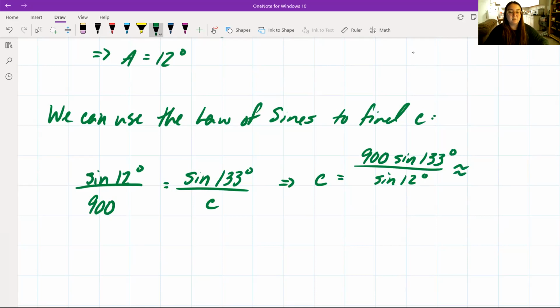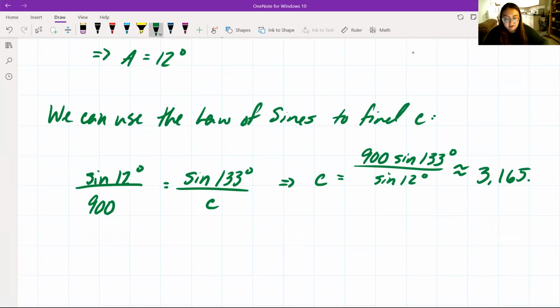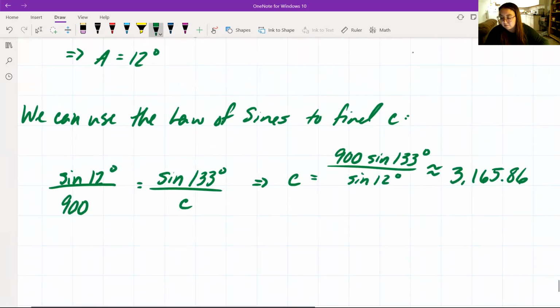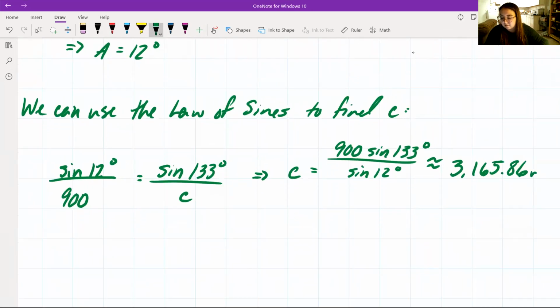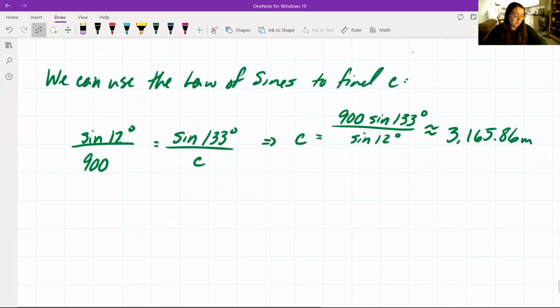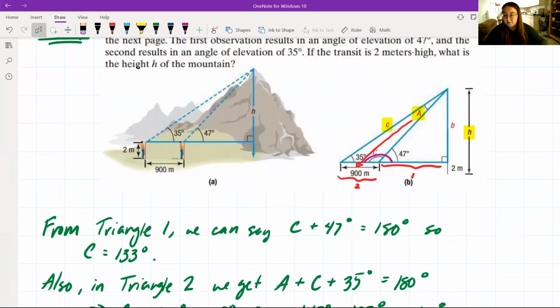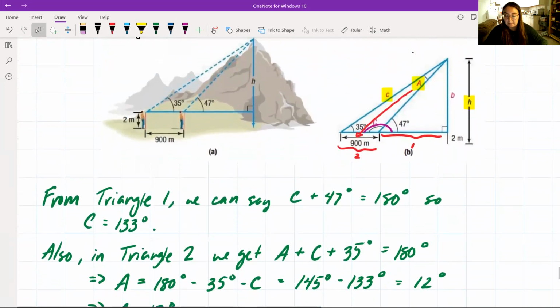When we plug this into a calculator, we end up getting the value 3,165.86, and this is in meters. So this is our value of lowercase c, an incredibly high value.